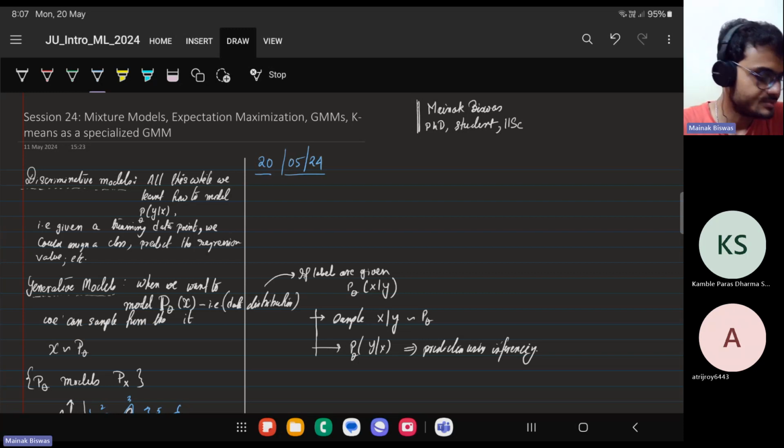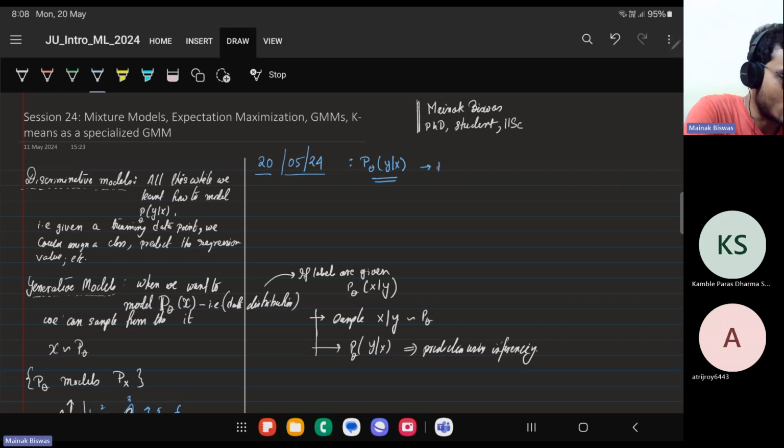So please follow. All this while, do you agree, what we were trying to do is model P of y given x. That is, we were trying to say what is the probability of a label being in a class C given a data point.